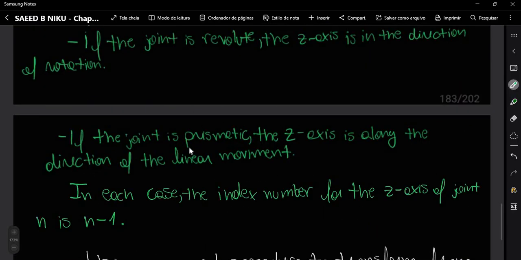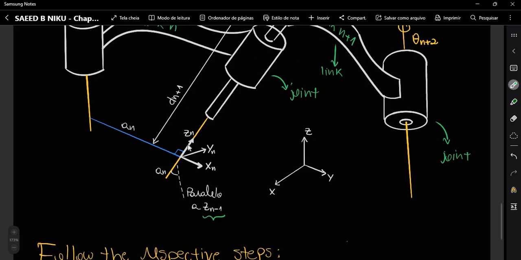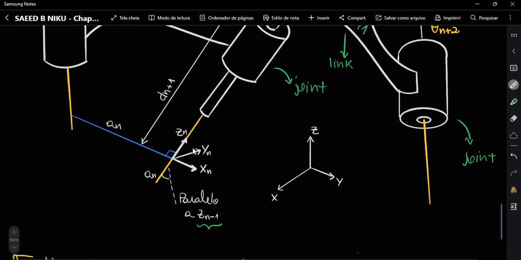So the key aspect right here, and we can already point, is we always attribute the x-axis, this axis, on the same direction as the common normal. So as you can see right here, we have attributed this x-axis on the same direction as the common normal.